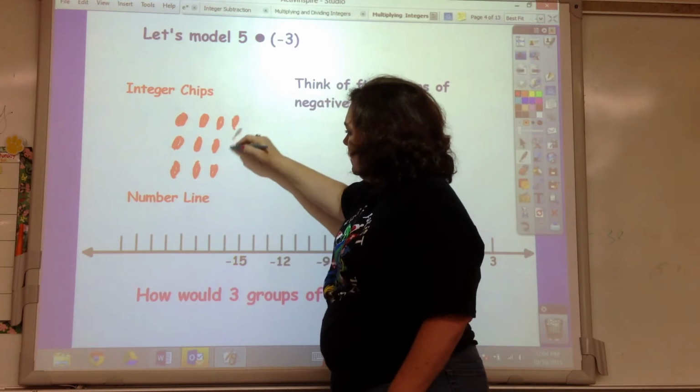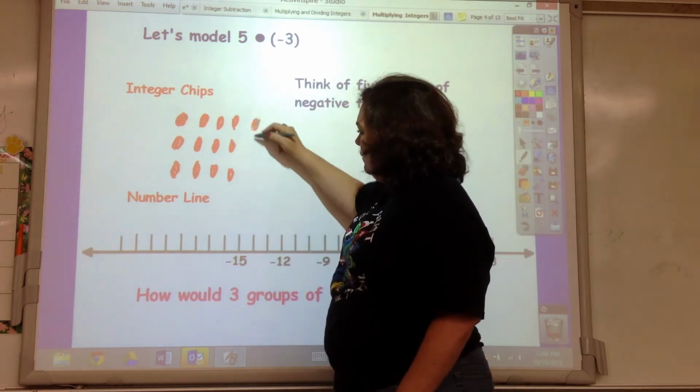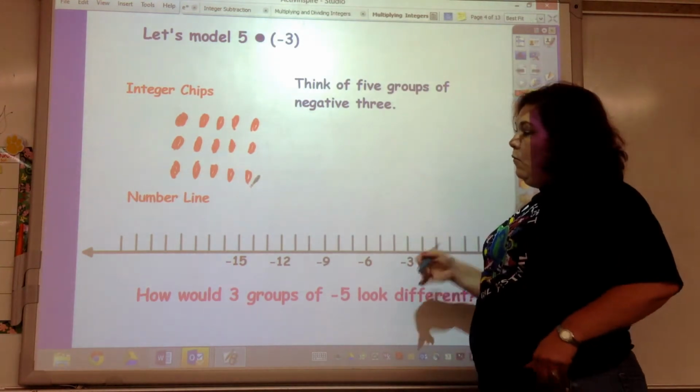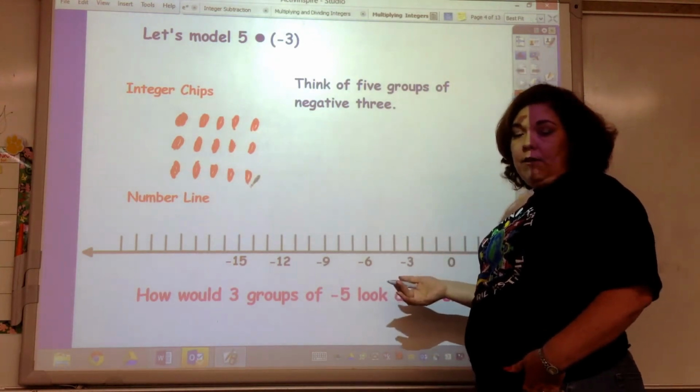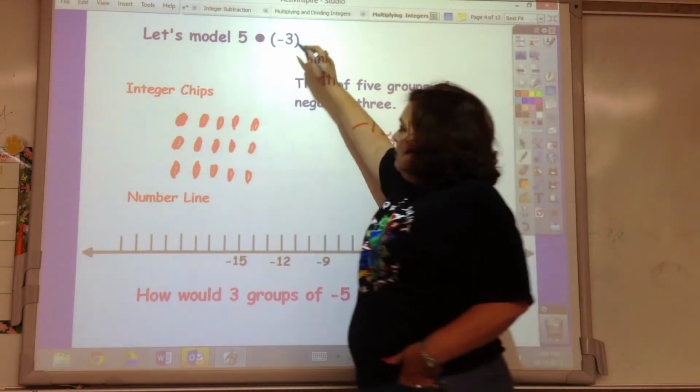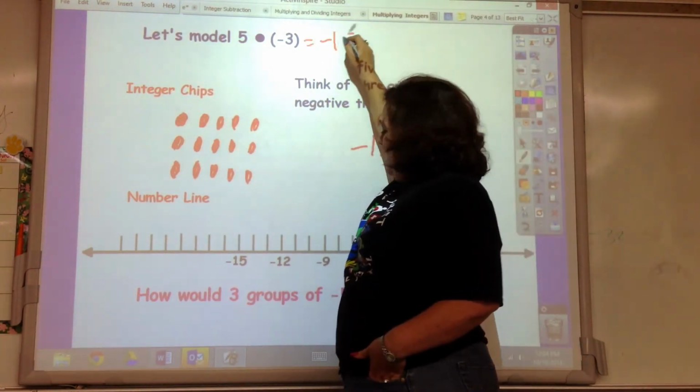That's 3 groups, 4 groups, 5 groups. So what is that answer? They're all negative. If you count them up, it's negative 15. So 5 times negative 3 is negative 15.